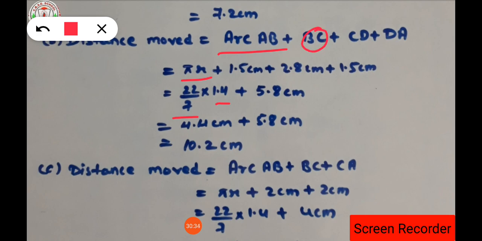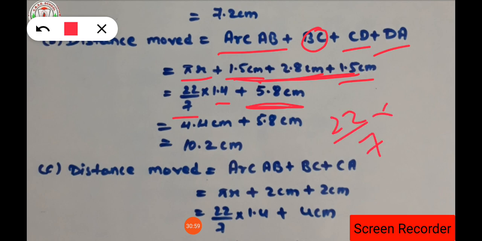Then BC value is already given in the diagram, 1.5 centimeter. CD value is also given in the diagram, that is 2.8 centimeter. DA value is given as 1.5 centimeter. Adding 1.5 plus 2.8 plus 1.5 centimeter, we get 5.8 centimeter. Now 22/7 into 1.4 gets cancelled as 0.2.